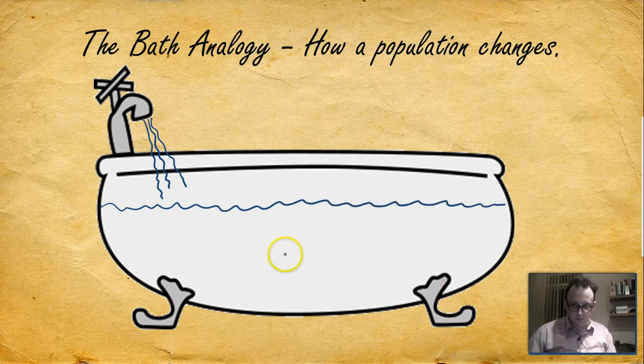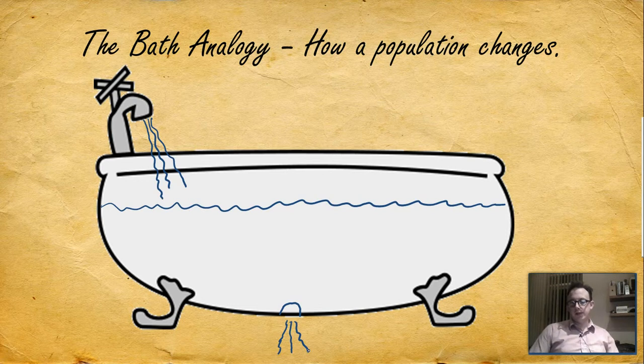At the bottom of the bath, we have a plug hole, and that lets water out. Now imagine you fill the bath up, you leave the tap running, you take the plug out. If the same amount of water going into the bath is leaving the bath, the amount of water in the bath stays the same.